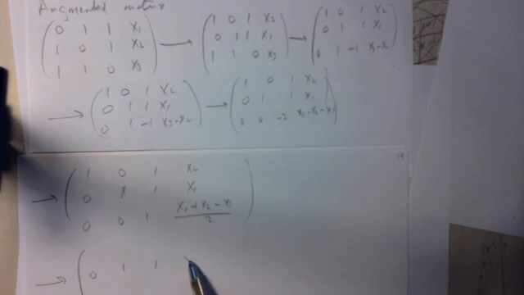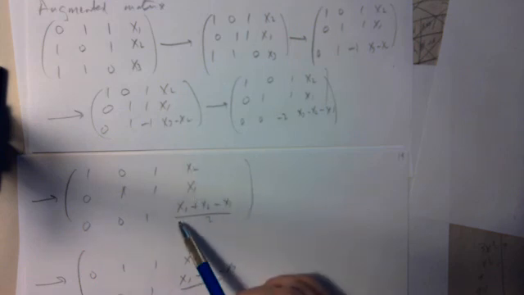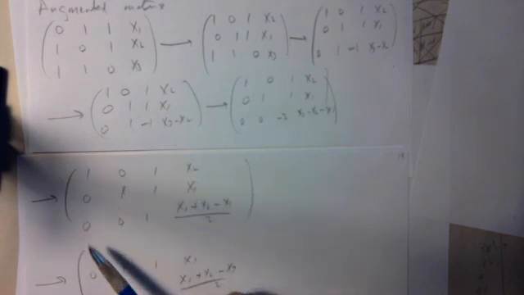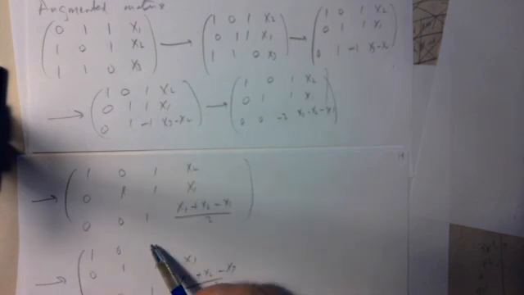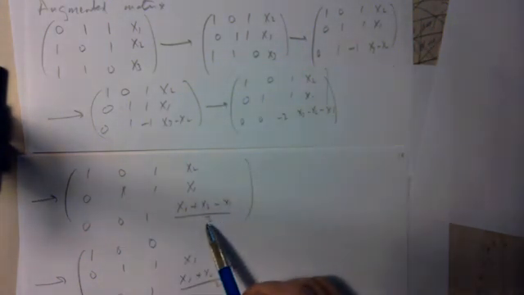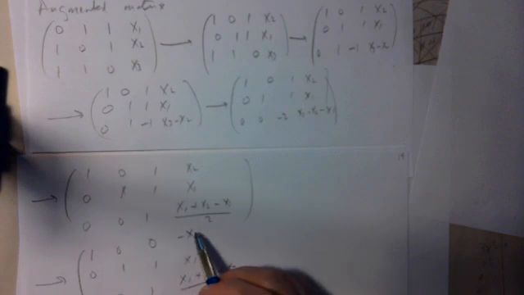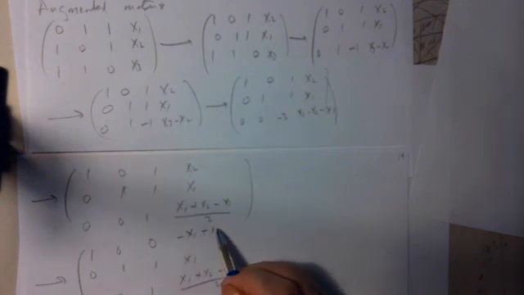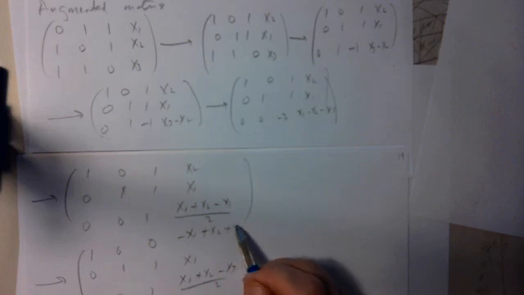So I take the first row minus the third. 1 minus 0, 0 minus 0, 1 minus 1. x2 minus this, I get minus x1 plus x2 plus x3 over 2.